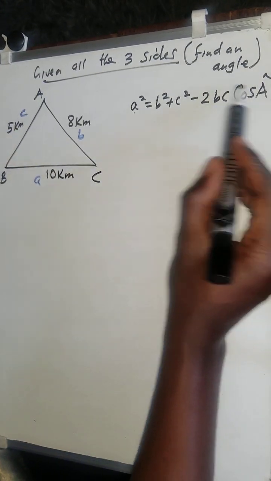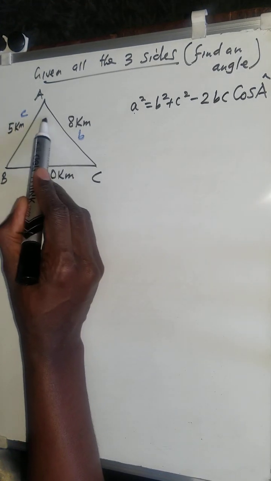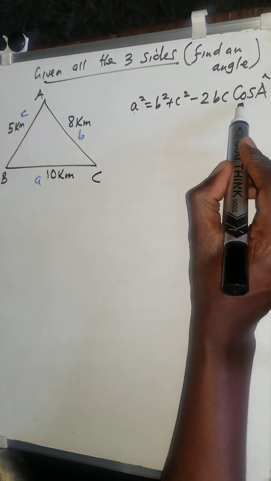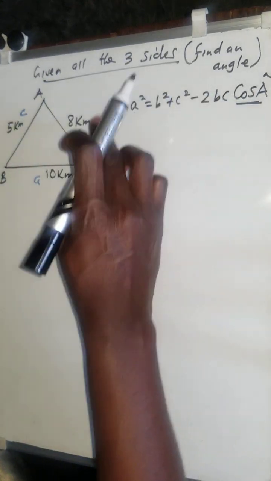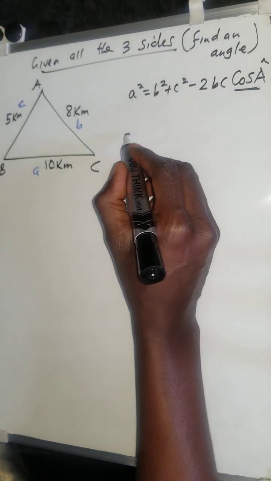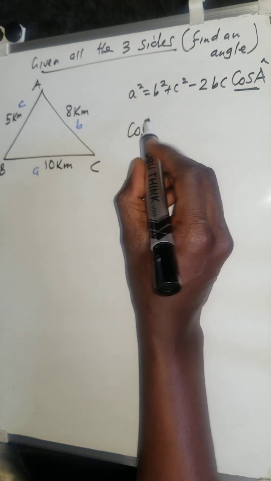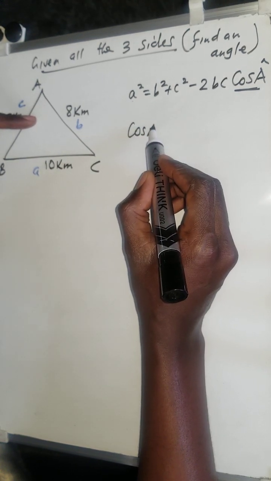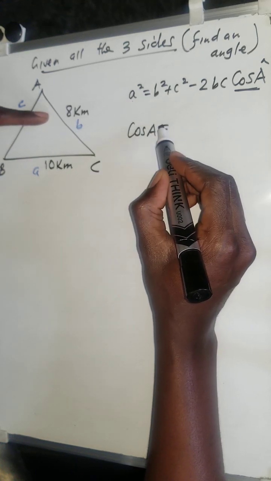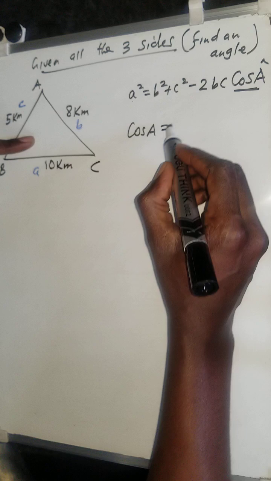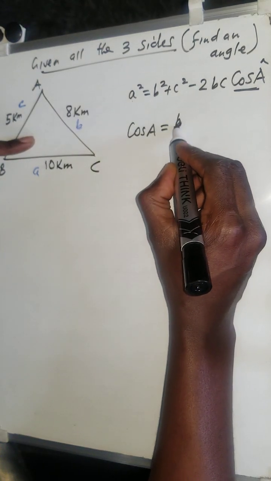So if I want to find angle A, you can make cos A the subject of the formula. But you don't have to waste time making cos A the subject. What you need to follow is that if you want to find this angle A here, it is these sides squared, so that would be B squared.